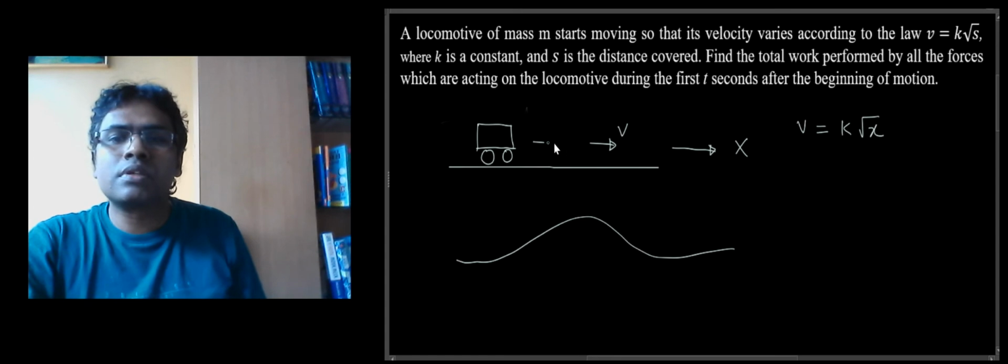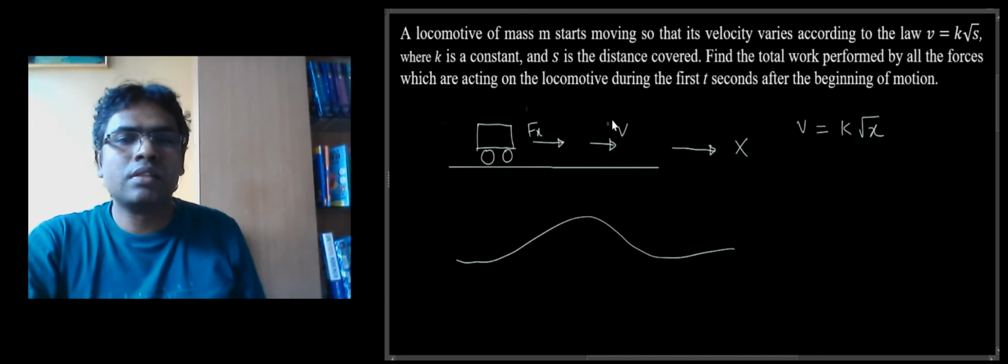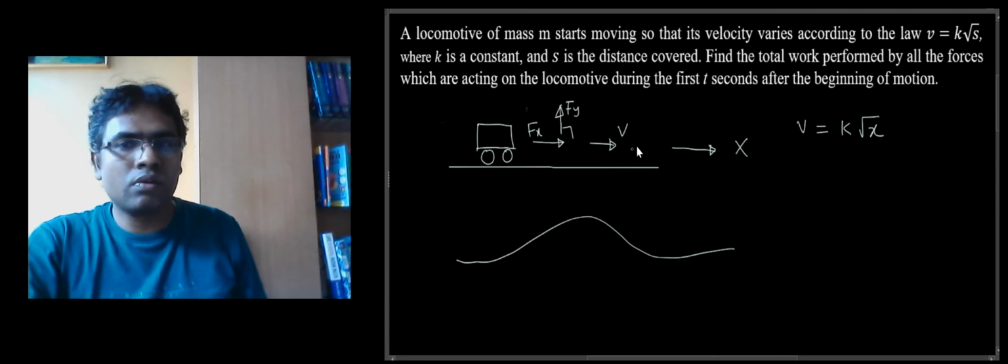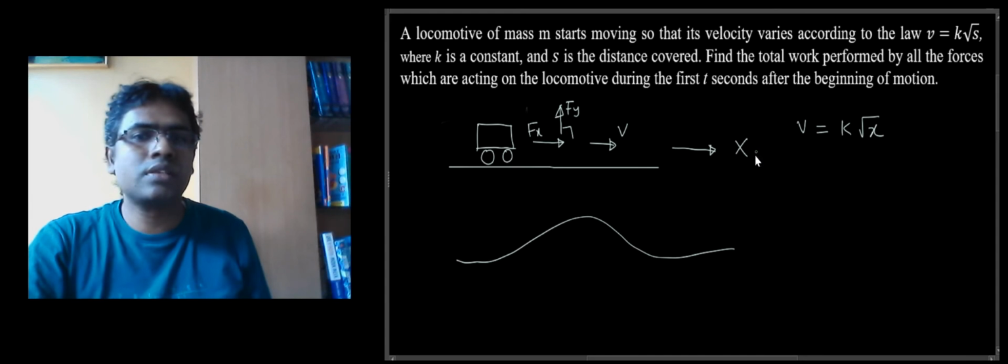I might have a force just along the x-axis. If I have such a force, then the magnitude of velocity changes. But in addition to this force, if I have a force at right angles to the velocity, so let's say Fy here, this force Fy will change the direction of the motion without changing the magnitude of the velocity.